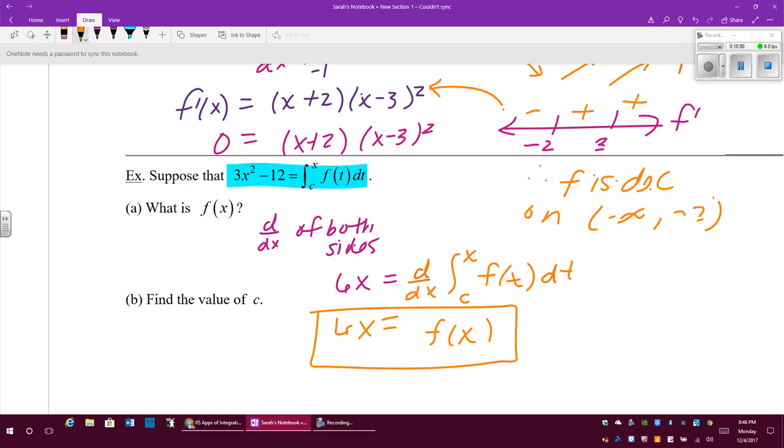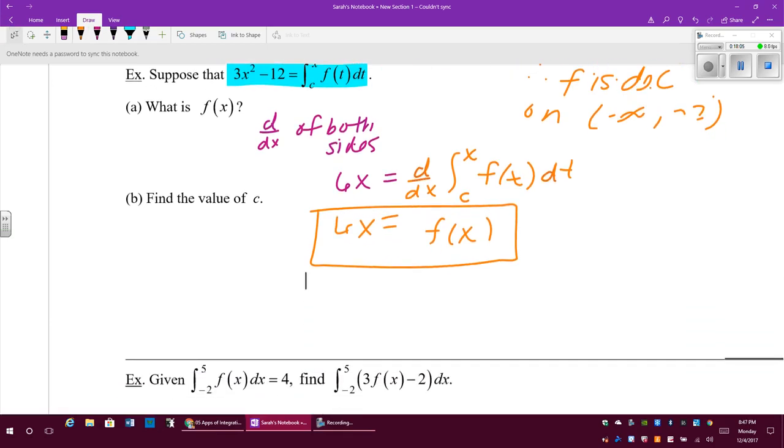It then says, find the value of c. So here's what we're going to do. We have 3x squared minus 12 is equal to the integral from c to x of f of t dt.